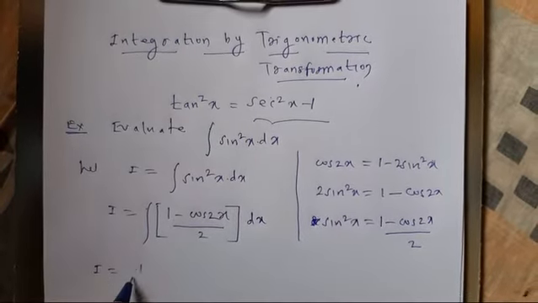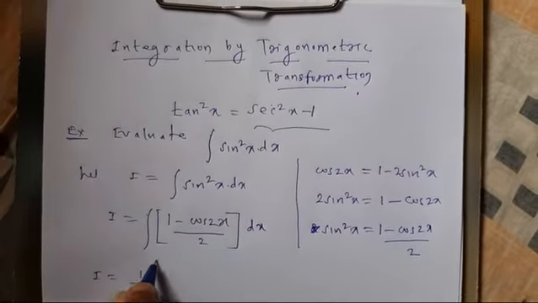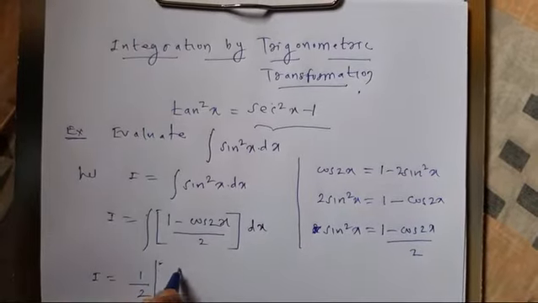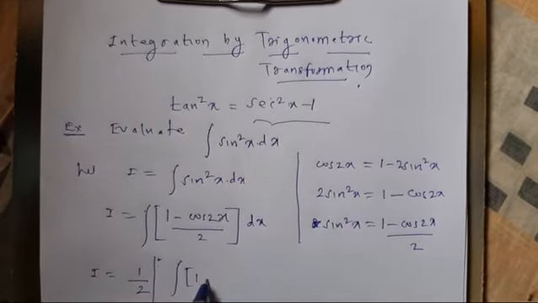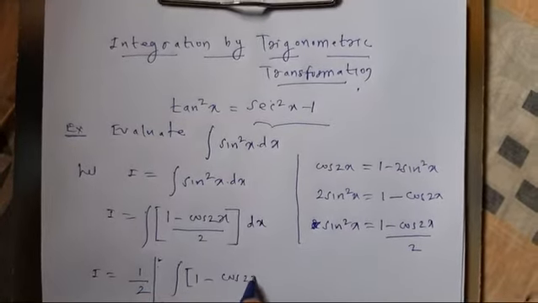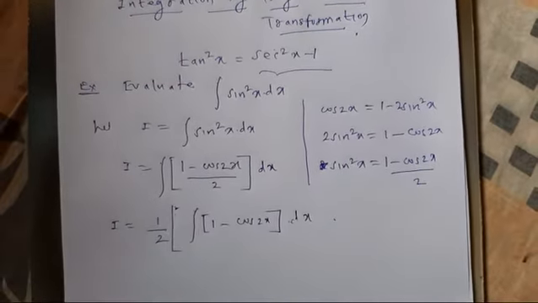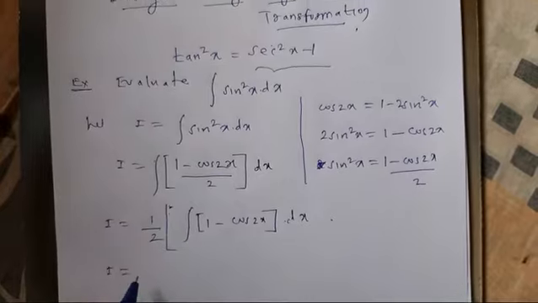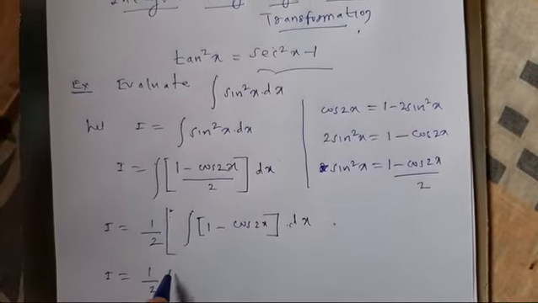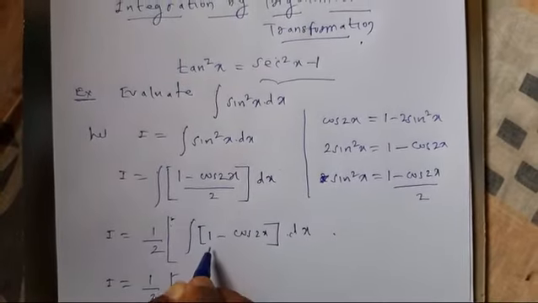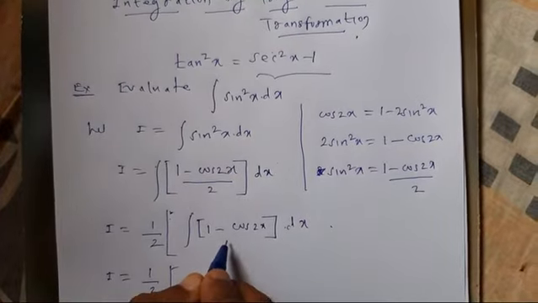So 1 upon 2 is constant here. The remaining is integration of 1 minus cos 2x dx. So I is equal to 1 upon 2 integration of, here we are having two terms.